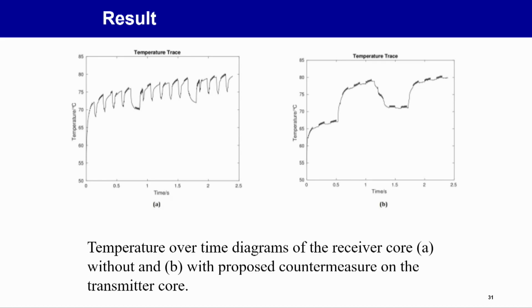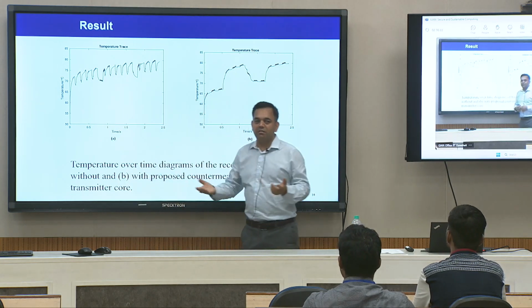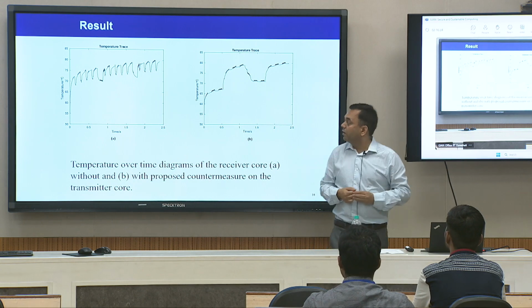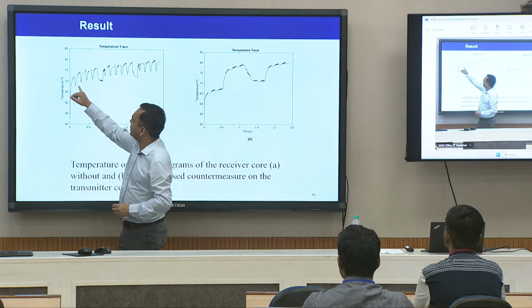And these are the results of adding this carefully crafted noise. If you see the temperature signal over time, this one is without any noise added, the normal temperature profile, from which the attacker is able to get useful information. Now again, temperature goes up, it starts coming down.